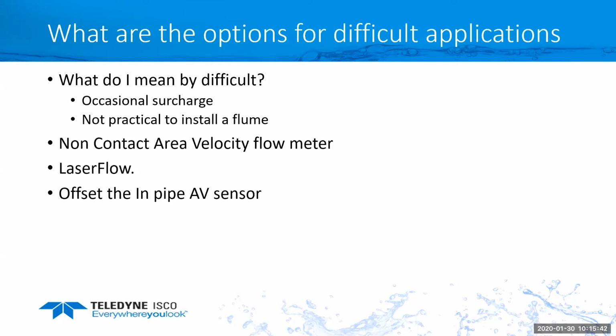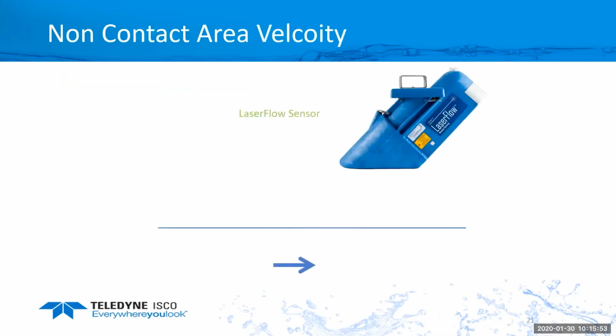So some of your options are to install a non-contact area velocity flow meter, such as the laser flow, or you could offset an in-pipe area velocity sensor to the side of the channel, which I'll show you. But first, the laser flow sensor, the way that operates, it's going to mount above your flow stream.